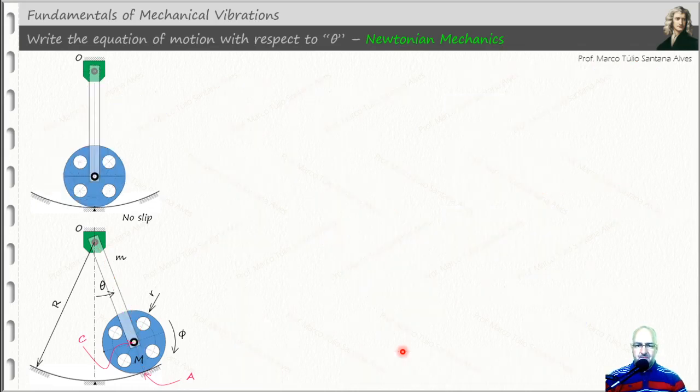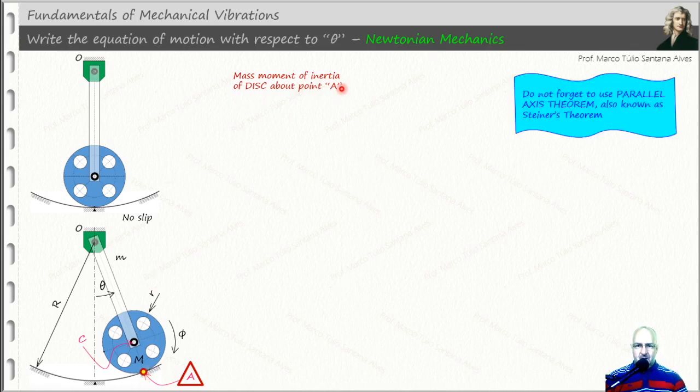Let's do it now. The mass moment of inertia of the disk about point A. To do it, we need to use the parallel axis theorem, also known as Steiner theorem. It's mandatory in this case.